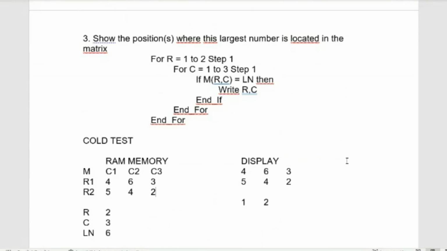And you have the position where you can see the largest number of these six numbers. Of course, this number 6 is located in row number 1 and in column number 2. Did you reach the target? Yes, of course, you reached the target.